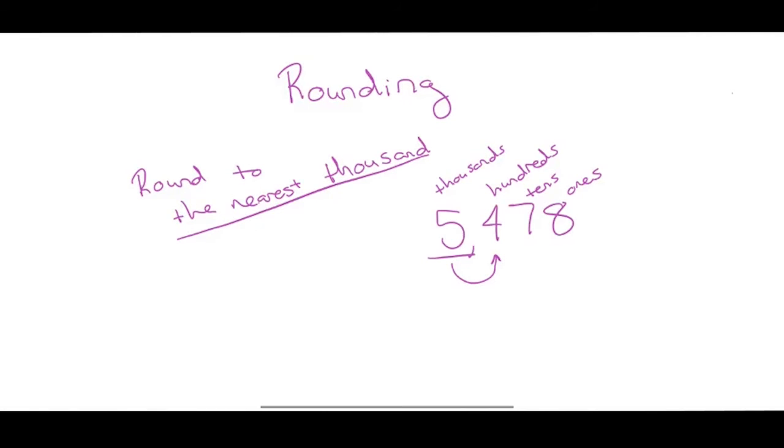Now, is 4 more than 4? 4 is not more than 4. So since it's not more than 4, the 5 stays the same. And everything else to the right of it becomes 0. So 5,478 rounded to the nearest 1,000 is 5,000.